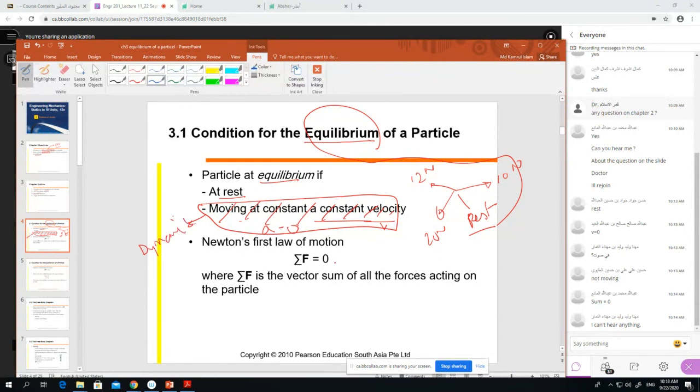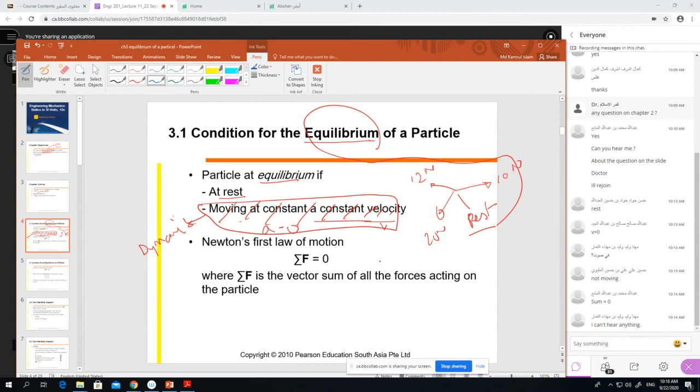Now Newton's first law. In the first chapter we discussed Newton's first, second and third laws. So what is Newton's first law? Can someone tell me? Hello, are you hearing me?